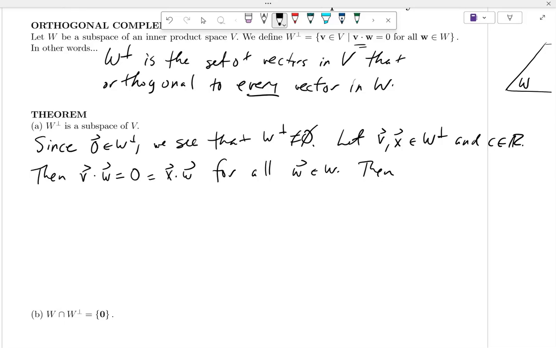I want to show that V plus X is back in there again. So what do I need to show? Yeah, V plus X dot W is 0, right? Well, what do we know about the dot product with respect to vector sums? It distributes, good.